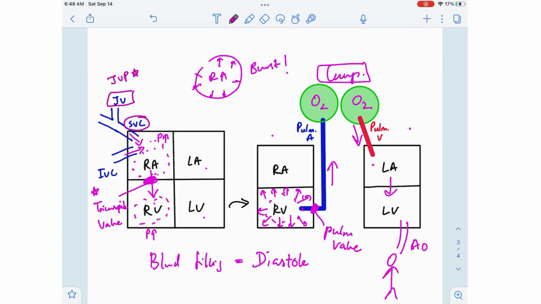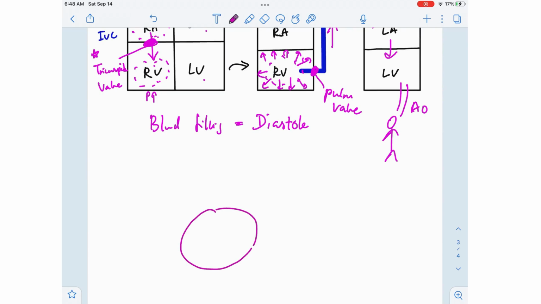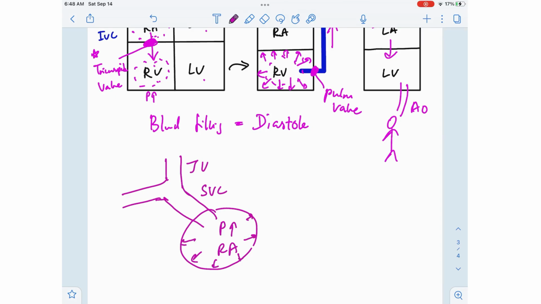So when the superior vena cava brings blood to the right atrium, your right atrium starts to fill up with blood, right? As your right atrium fills up with blood, your right atrial pressure will increase and it will start to contract, right? So when the right atrium is contracting, or during right atrial systole, the pressure inside the right atrium is increasing, right?